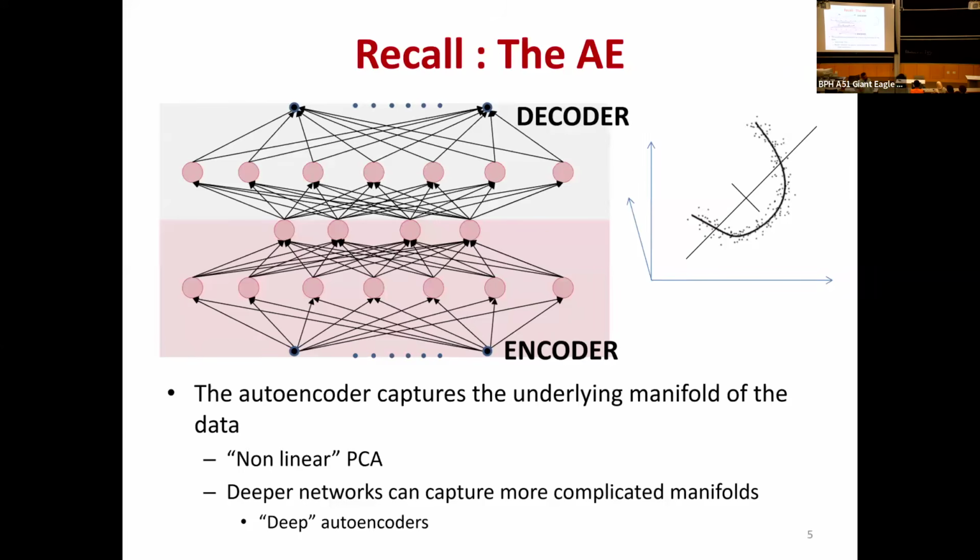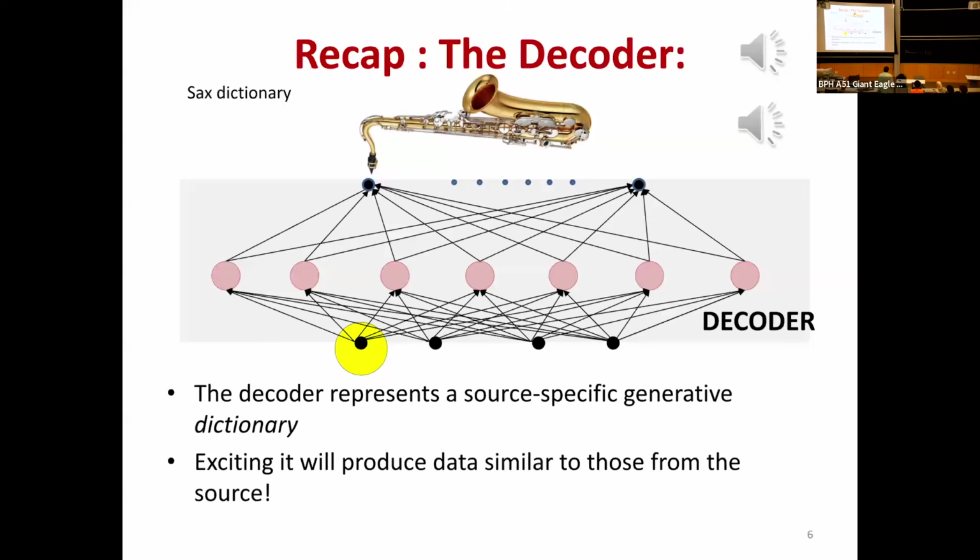So we already have a mechanism for capturing the underlying manifold. We saw this, and that's what we used in my little toy examples, where I learned an autoencoder from, say, the examples of saxophone music. And then when I took the decoder and just excited it using any odd excitation, it produced outputs that sounded somewhat like a saxophone, right?